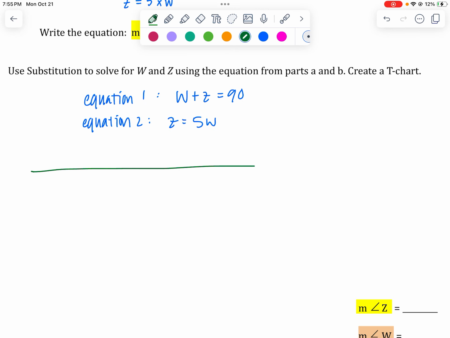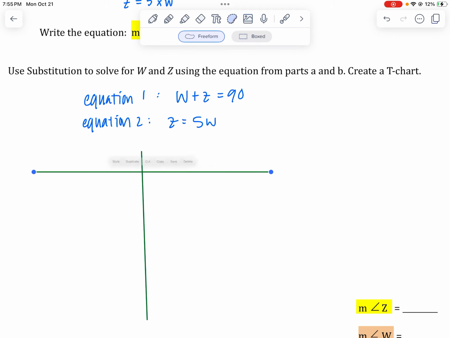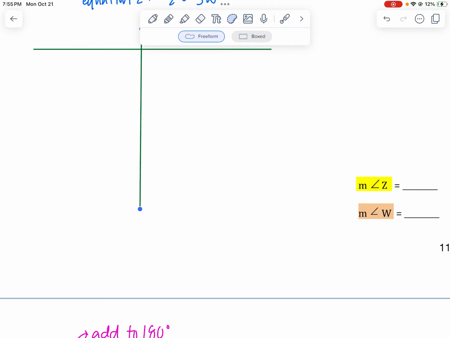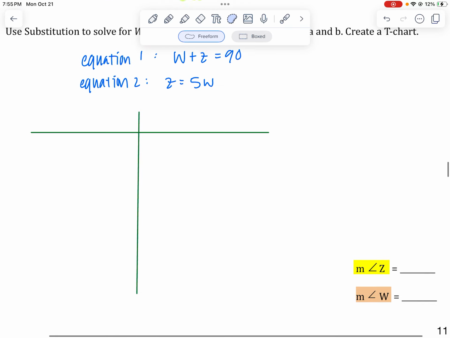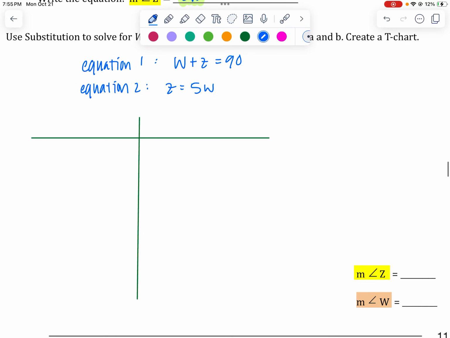Okay, so I'm going to create a t-chart. It's kind of lopsided. There you go. All right, my first equation we said was W plus Z is equal to 90. My second equation is Z is equal to 5W.